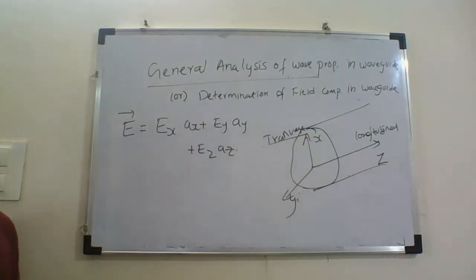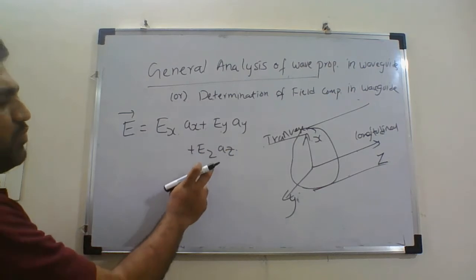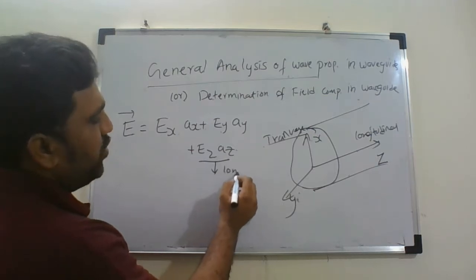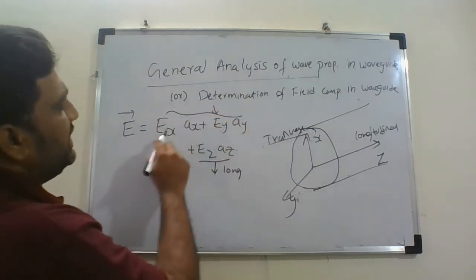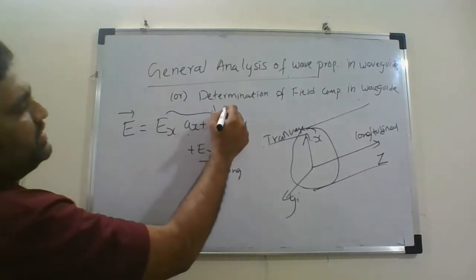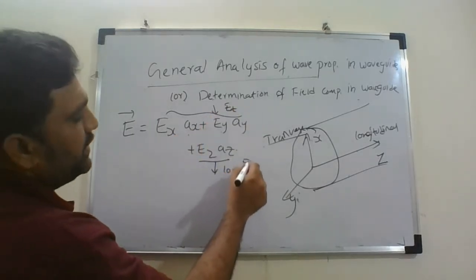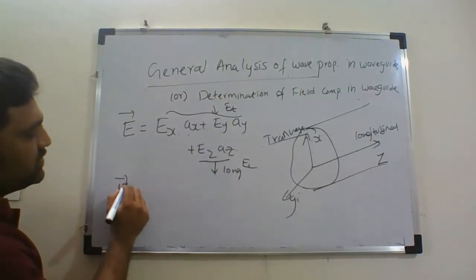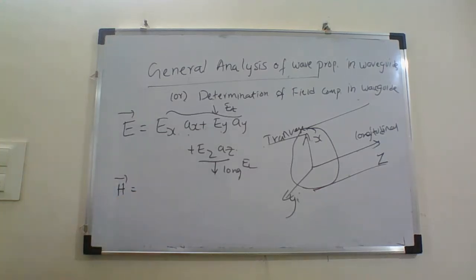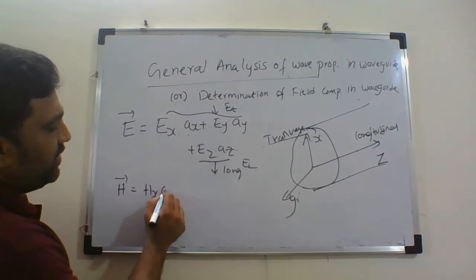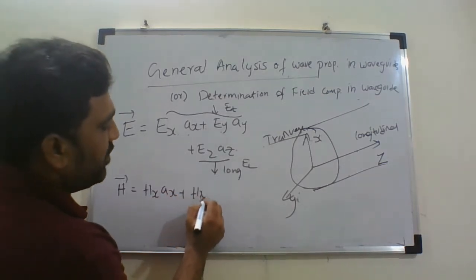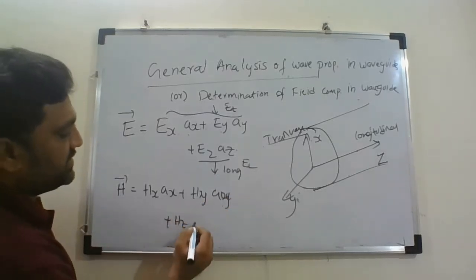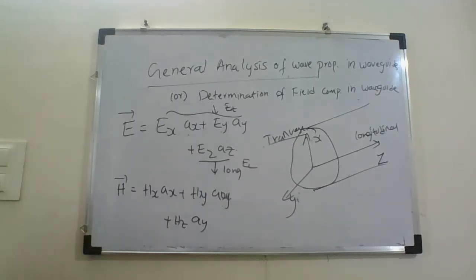So it has a component along the x-axis, along the y-axis, and along the z-axis. Here Ez into Az is called the longitudinal component, and Ex into Ax and Ey into Ay are called the transverse components. Similarly, we can write the magnetic field as a combination of all three components: Hx into Ax, Hy into Ay, and Hz into Az.